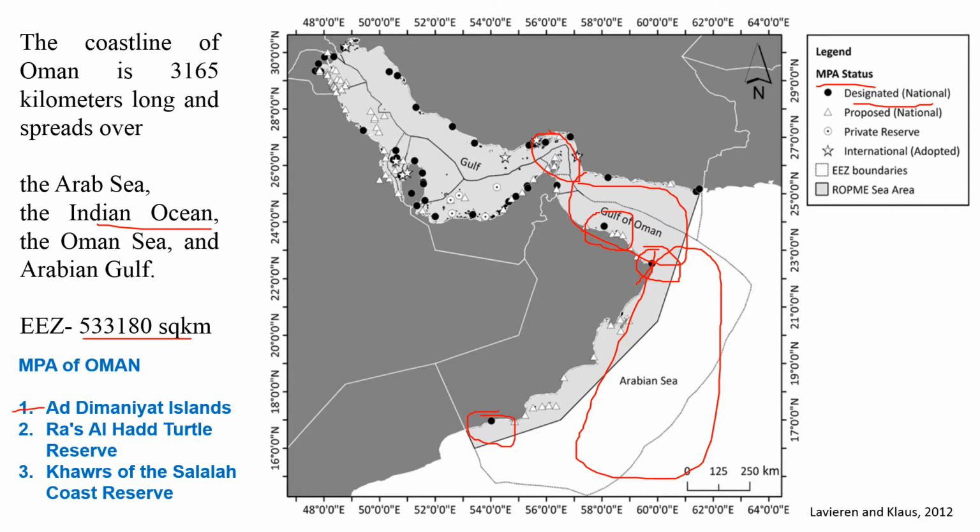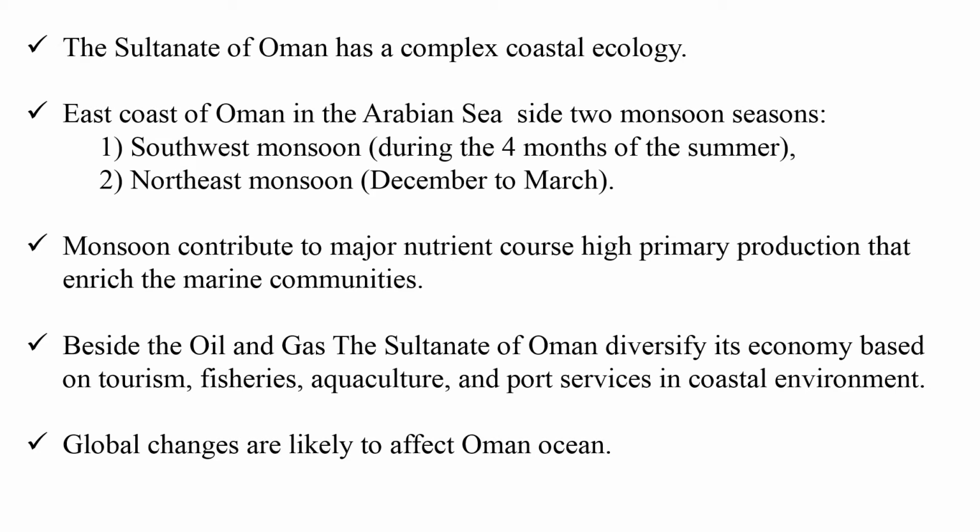So the Sultanate of Oman has a very complex coastal ecology, and it has a huge diversity of different marine ecosystems, which we'll see later. It is a very complex and dynamic ecosystem, as Oman has the influence of the Arabian Sea and Indian Ocean.